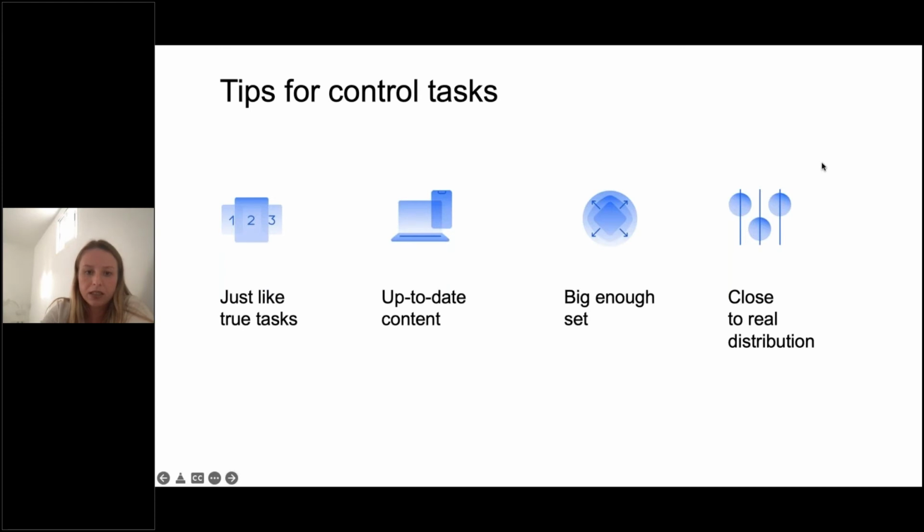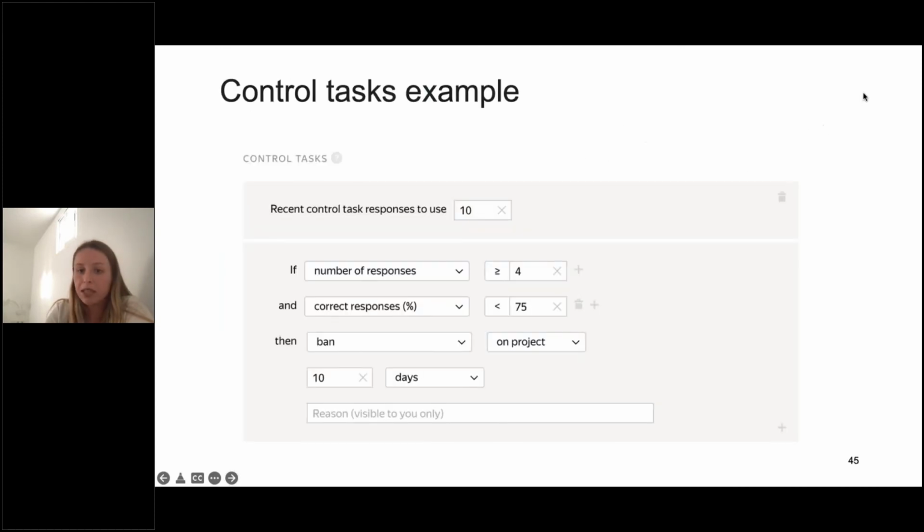And let me give you here an example of using control tasks in Toloka. So here again, we take the 10 last responses into consideration. And if someone already has completed 4 tasks for us, we check how many of those tasks were correct.